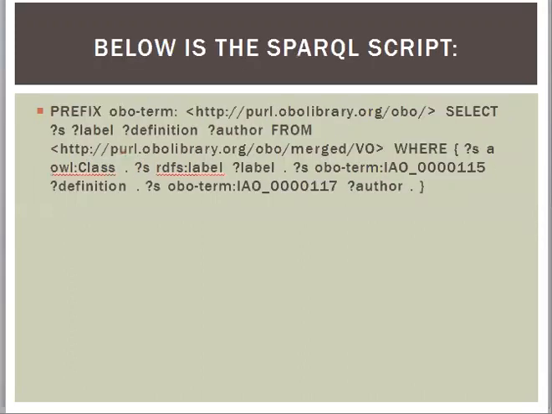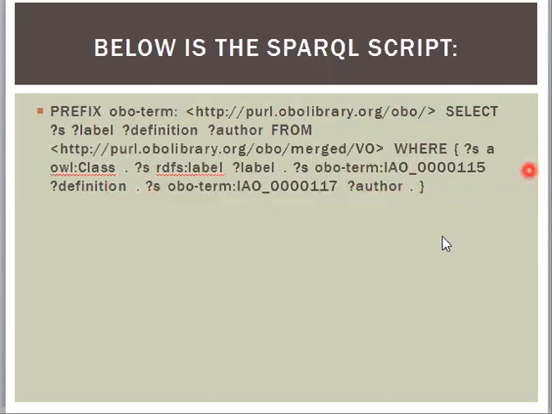So here we can see in the SPARQL query or the SPARQL script, first we need to define the prefix, and then author, select clause, what we need, definition, and then author from the URL of an ontology, where, class, its label, again the IRI, and the definition that we need to search for the author.